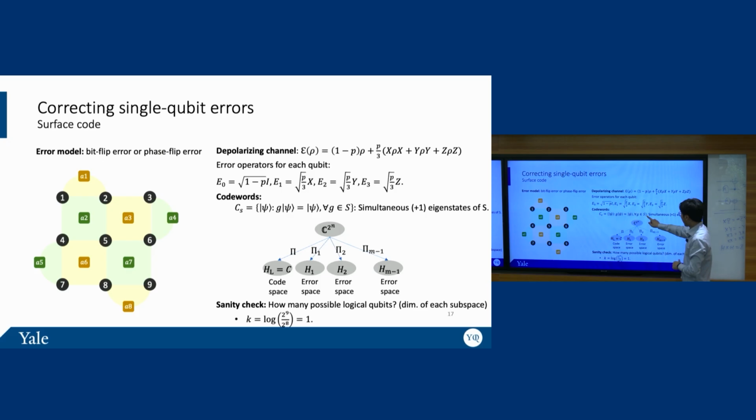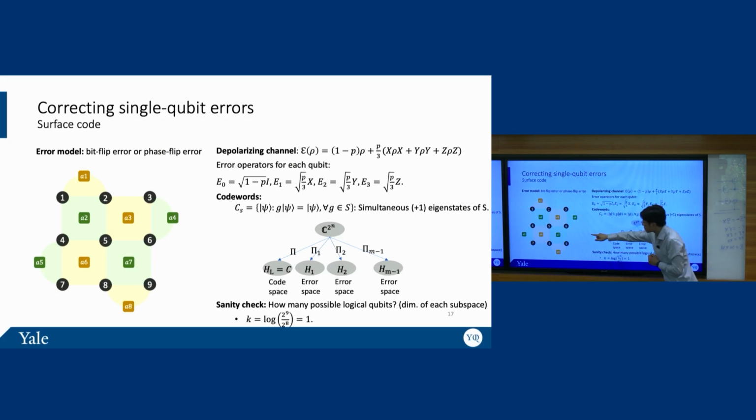So if I had a stabilizer code defined on 9 physical qubits, that's a 2 to the 9 dimensional Hilbert space. And now I have 1, 2, 3, 4, all the way to 8 stabilizer checks, each of which can cut the space in half and group into either +1 or -1 eigenstates of that stabilizer.